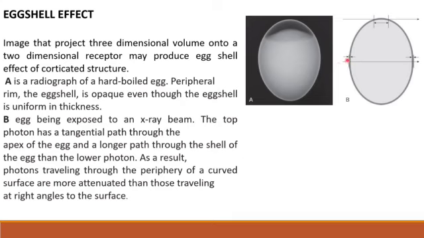As a result, the photons traveling through the periphery of the curved surface are more attenuated than those traveling at a right angle to the surface. So here, can you see that the distance is very small? Whereas when it travels at the curved surfaces, it has to travel a longer path. So the X-rays get attenuated, giving a peripheral rimming effect. And this is nothing but your eggshell effect.